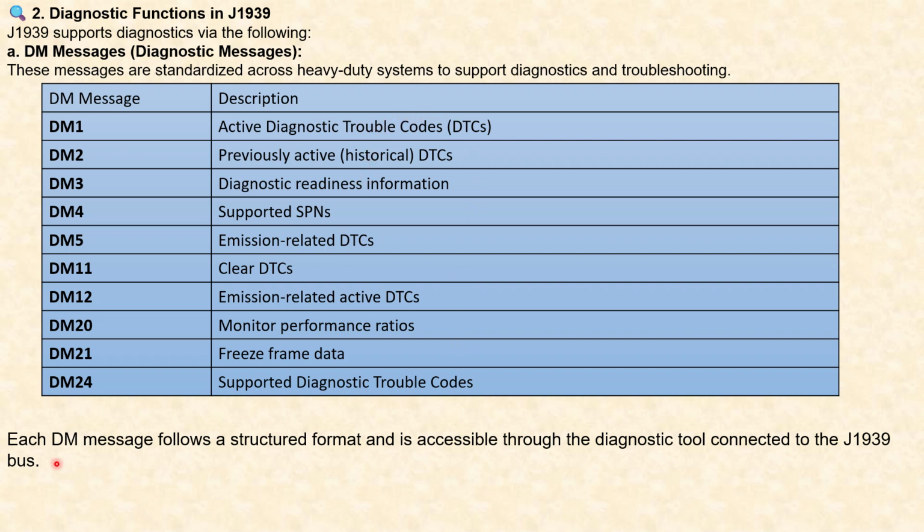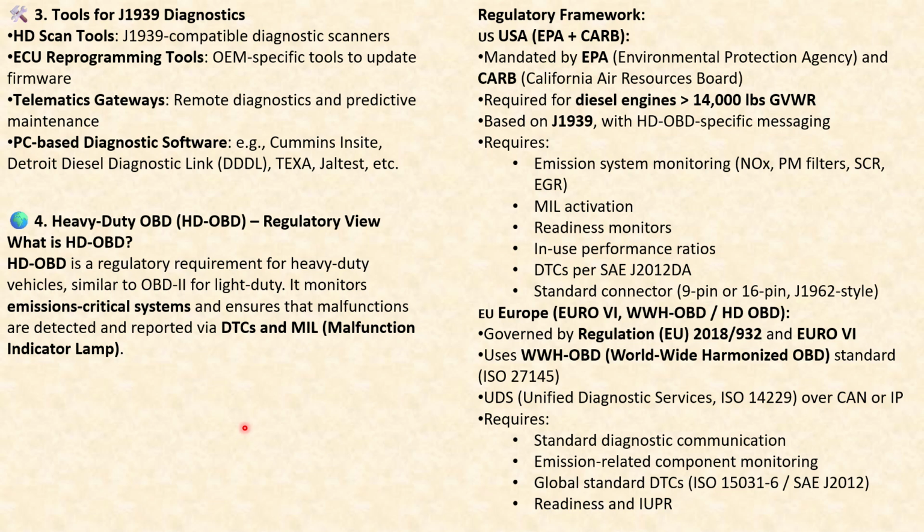One more thing to be noted is each DM message follows a structured format and is accessible through the diagnostic tool connected to the J1939 bus. Now, when it comes to tools for J1939 diagnostics, first are HD high definition scan tools: J1939 compatible diagnostic scanners, ECU reprogramming tools, OEM specific tools to update the firmware.